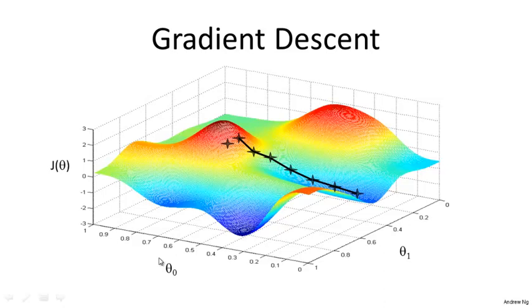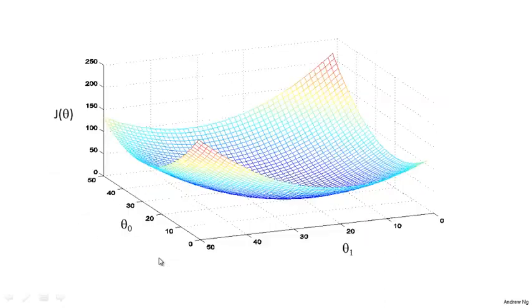In particular, rather than this sort of bumpy function, the cost function J of theta for linear regression always looks like a big bow-shaped function like this, which has only one global optimum down here at the bottom. For any training set, any number of parameters, any number of features, the cost function for linear regression is always this sort of bow-shaped function with only one global optimum and no other local optimum.